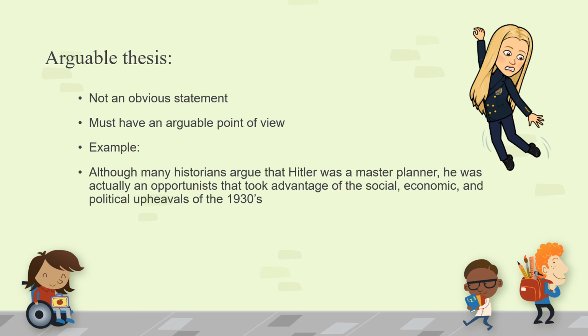I've said that I don't think that Hitler came up naturally with this master plan that he was going to implement and then took it step by step by step. Rather, he took advantage of the Great Depression and the opportunities and took control that way, and he was able to maneuver his policy. Do you see the different arguments? Historians argue both sides. So, coming up with something like that is always a good way to start your essay.